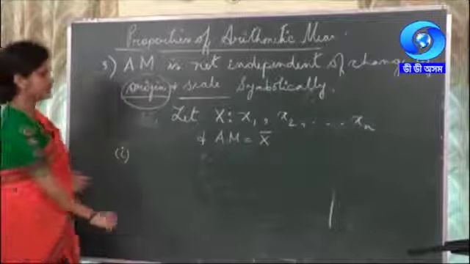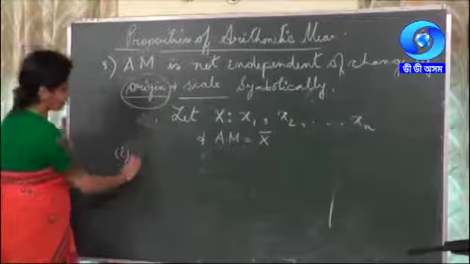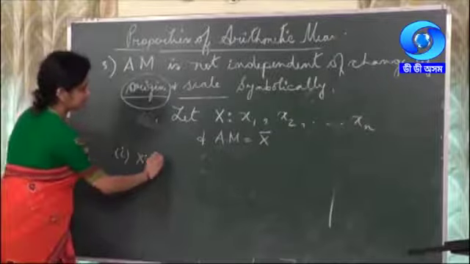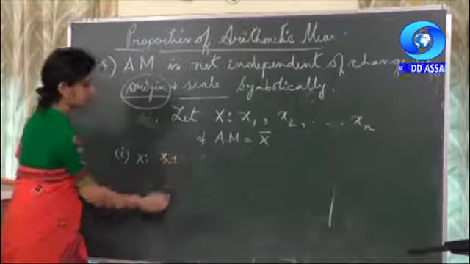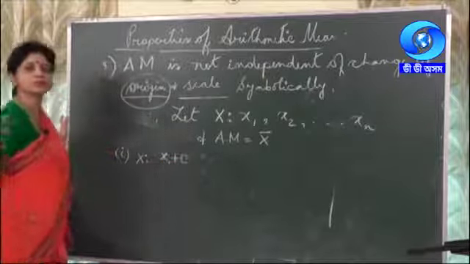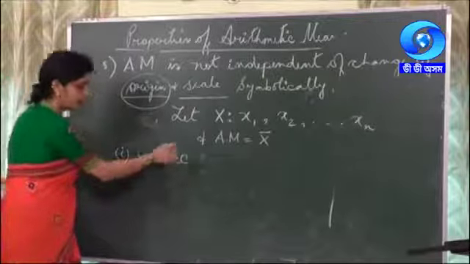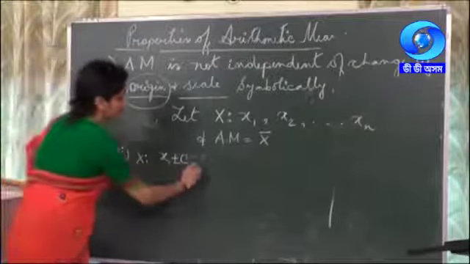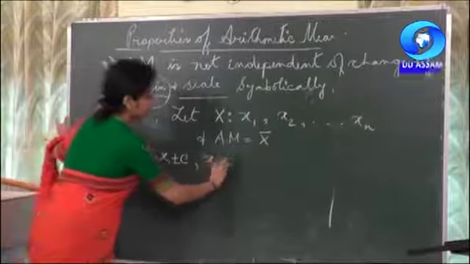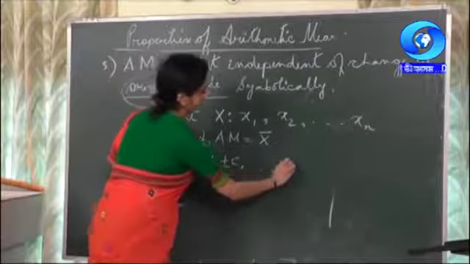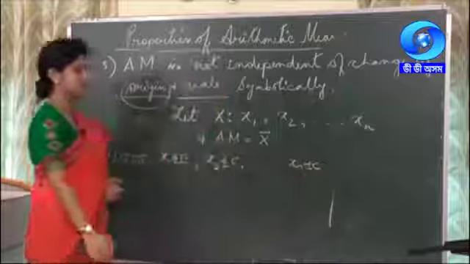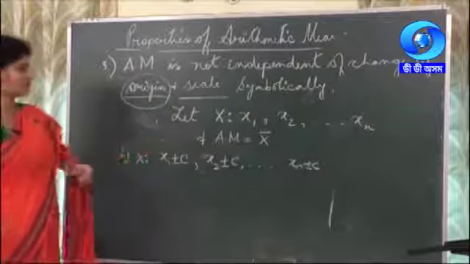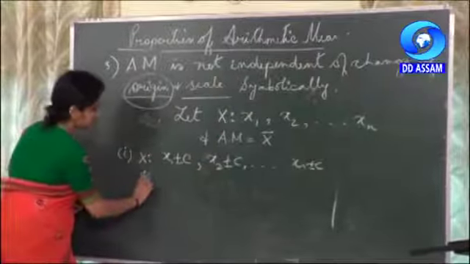If all the values of x become like this, we add or subtract c, a constant, to each x: x1 plus or minus c, x2 plus or minus c, up to xn plus or minus c. We are adding and subtracting c to all the values of the variable x.